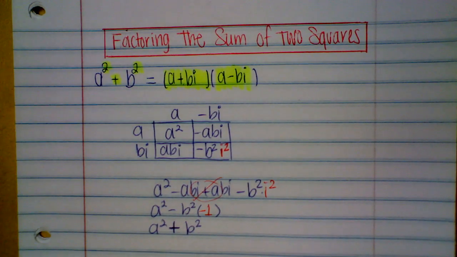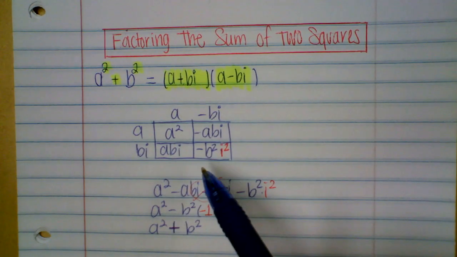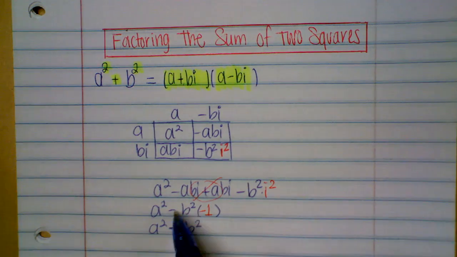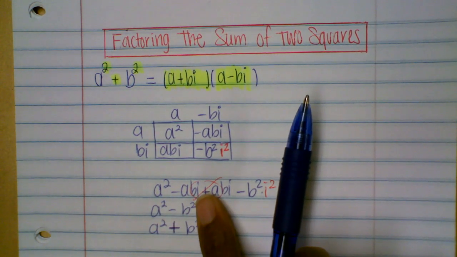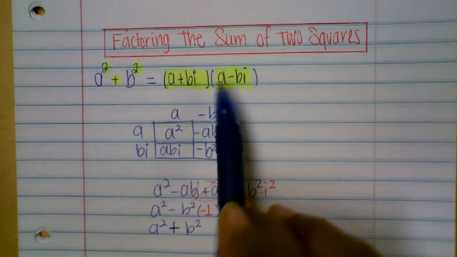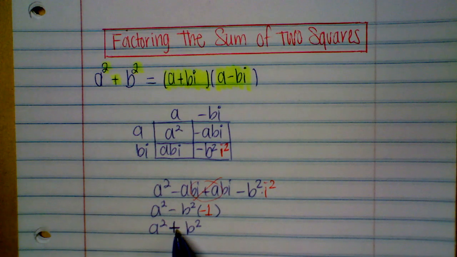If you don't include the i, you end up with the difference of two squares. So it's very important that when you factor the sum of two squares, you always include the i next to it, so that you end up with the sum of two squares, not the difference of two squares.